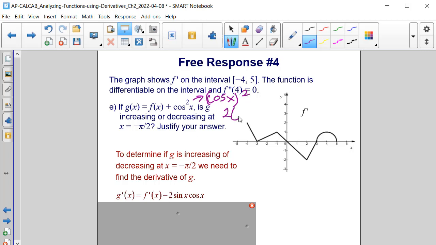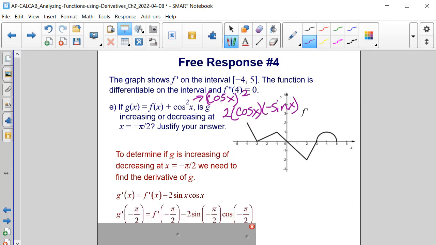So we have 2, and then times cosine of x, and then we have to take the derivative of the inside, or the derivative of cosine x, which is negative sine of x. So that's how we get the simplified equation, g prime of x is equal to f prime of x minus 2 sine of x cosine of x.